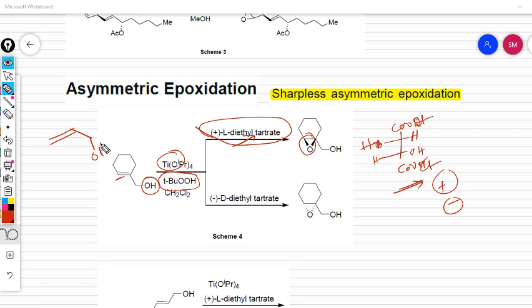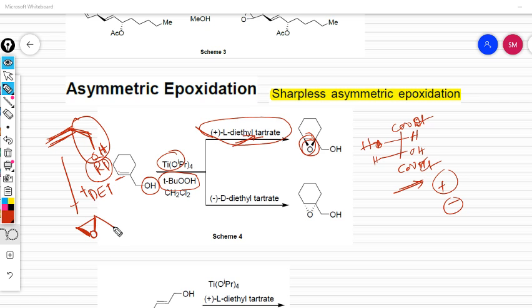So be careful and be attentive. If the olefin is present and the allylic alcohol is down on the right side, then if you use plus diethyl tartrate, the epoxide is going to be above the plane. Okay, if I use plus diethyl tartrate, the epoxide will be above the plane.